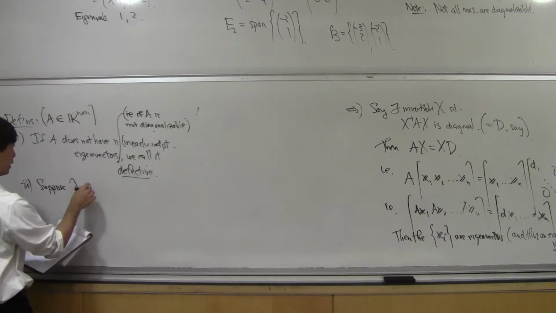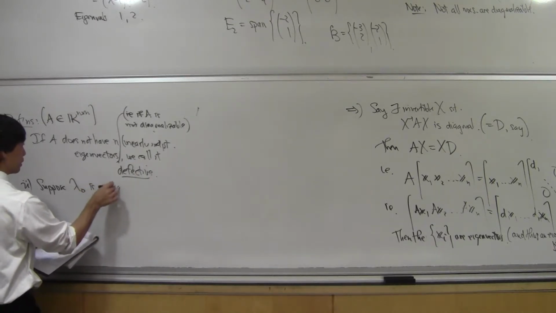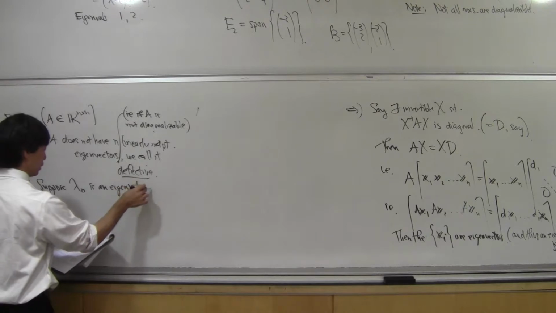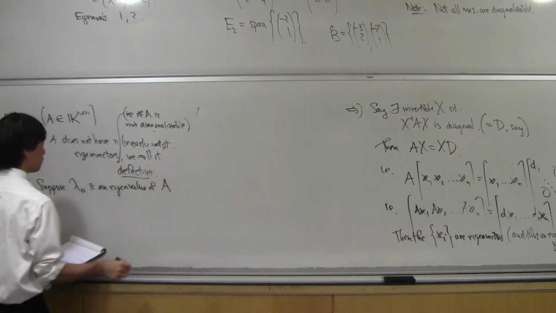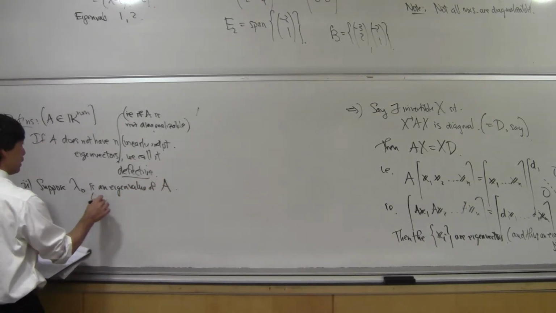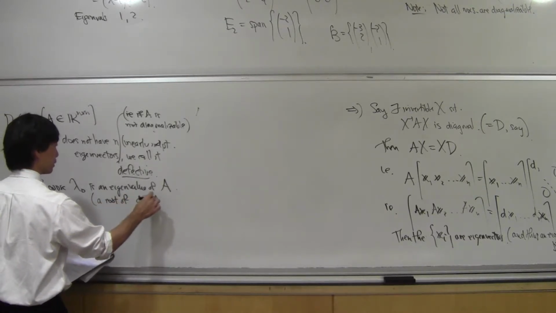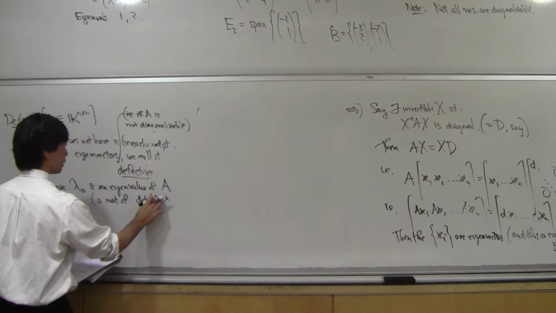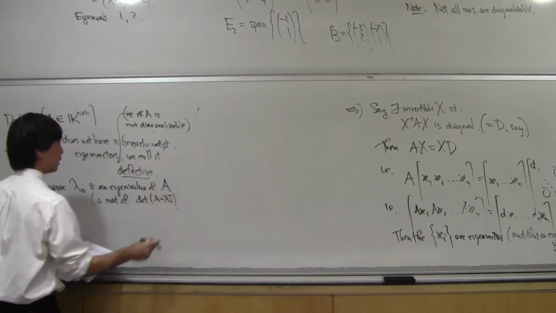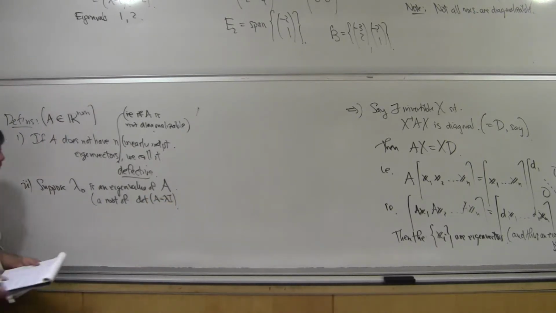In other words, lambda naught is a root of the characteristic polynomial.